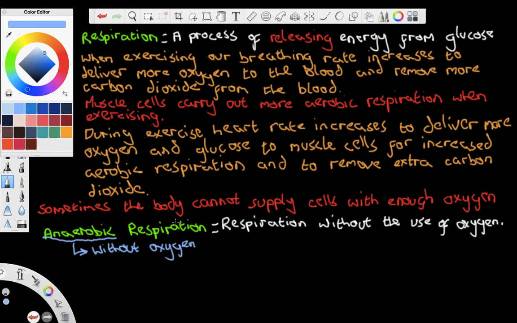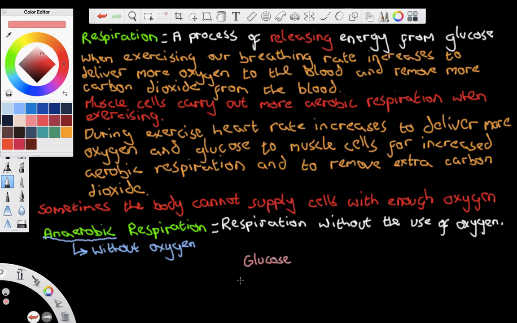Now in previous lessons we said that aerobic respiration was with oxygen, and we said we had oxygen plus glucose forming carbon dioxide and water. Anaerobic respiration has a much smaller equation. Because it's a form of respiration, our only reactant is glucose.